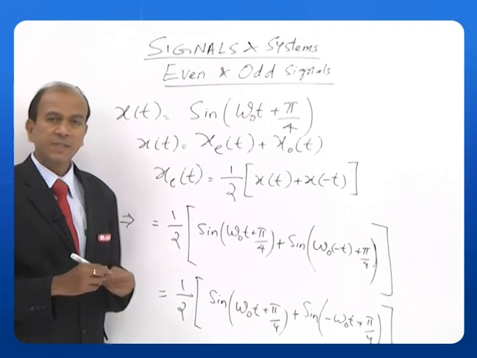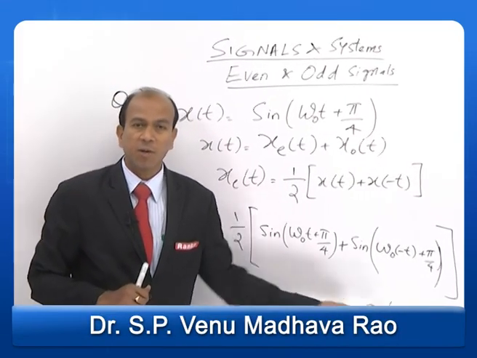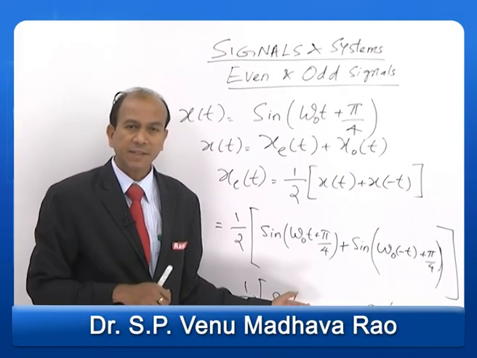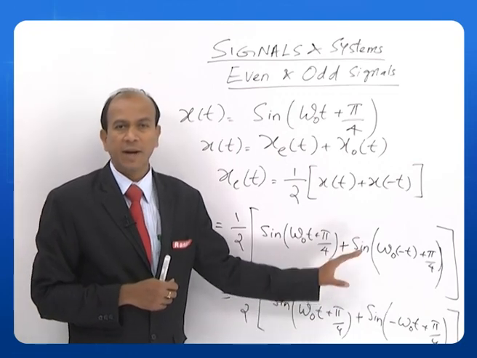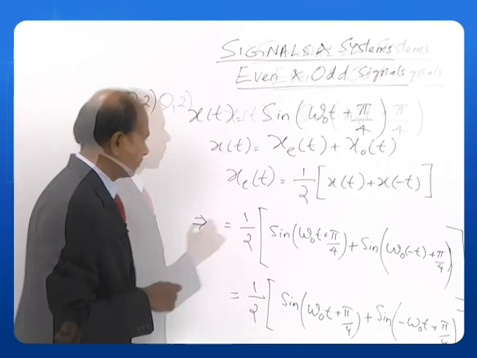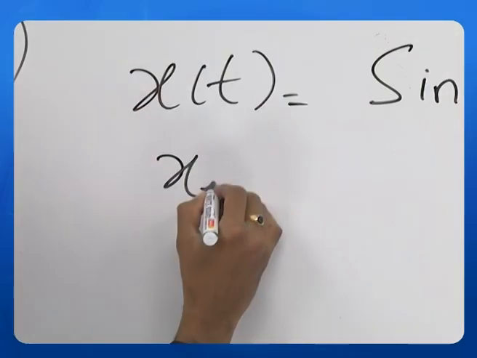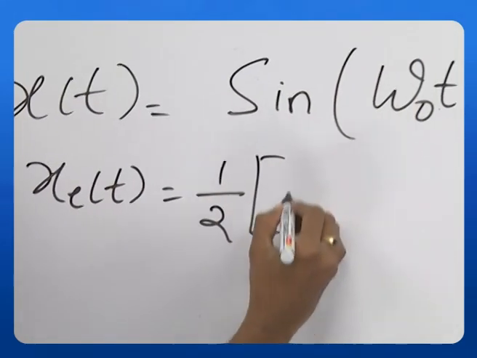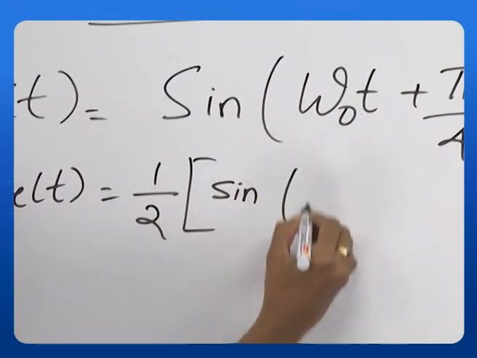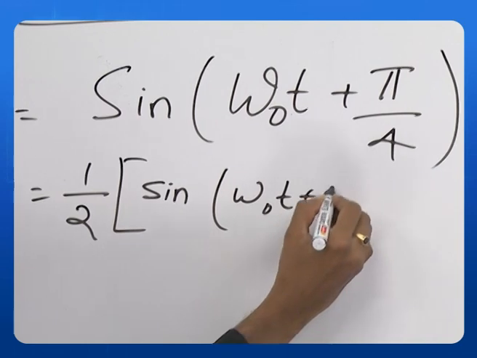Next, what we will do is, we will bring out this negative sign outside, and then we will see whether this can be helpful for us in identifying with any trigonometric identity which we know. Now, x e of t is equal to half sine omega naught t plus pi by 4.